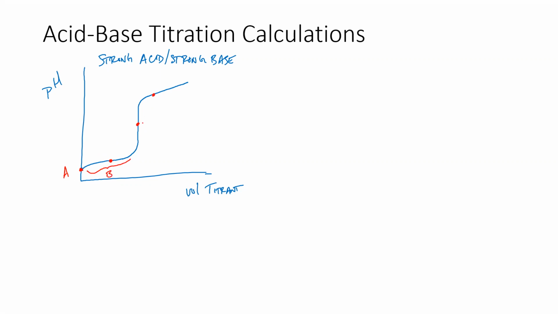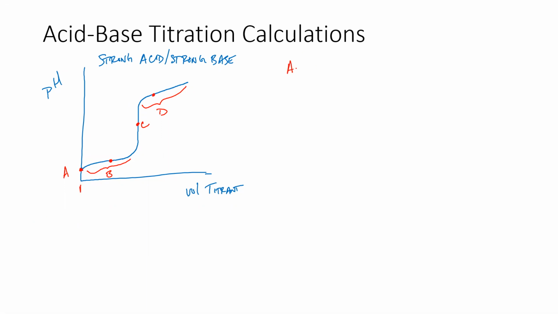Could be B. This is C, and then past our equivalence point, all of that is D, because the calculations are the same at any volume there.